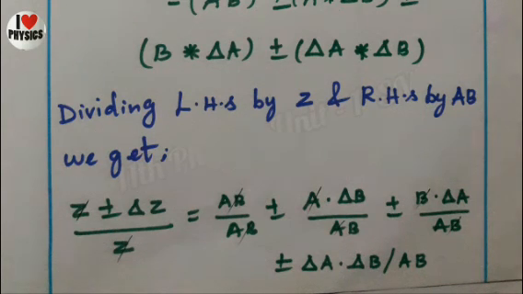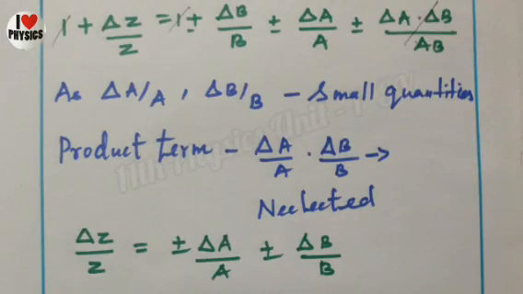Next step, on the left hand side and right hand side, the one is cancelled, and on the right hand side del A dot del B divided by AB is cancelled. That means del A divided by A and del B divided by B are small quantities, so the product term del A divided by A dot del B divided by B is neglected.